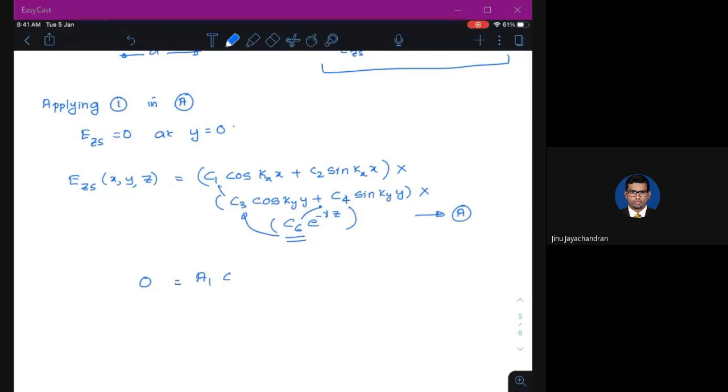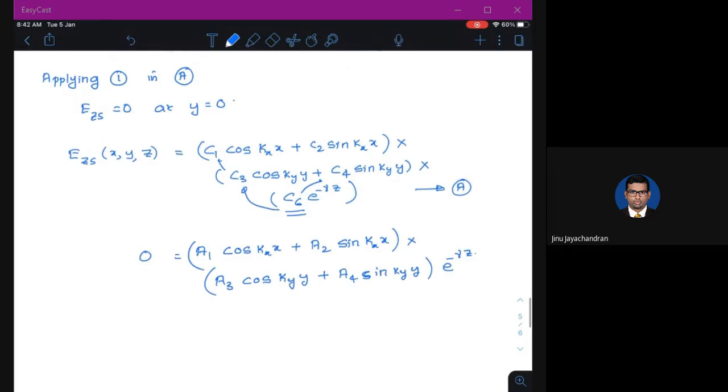So I can write this as A1 cos kxx plus A2 sin kxx multiplied by A3 cos kyy plus A4 sin kyy into e raised to minus gamma z, where A1 is actually C1 into C6, A2 is C2 into C6, A3 is C3 into C6, and A4 is C4 into C6.